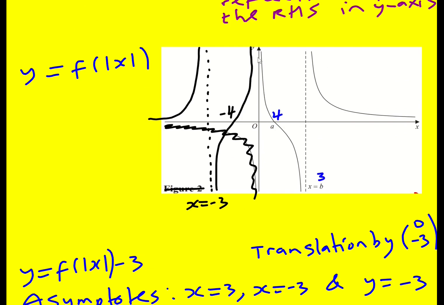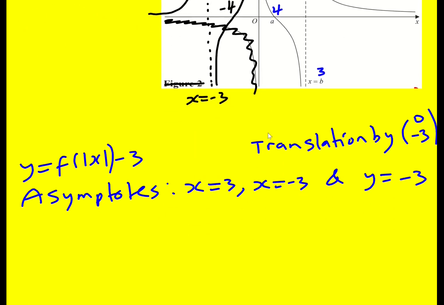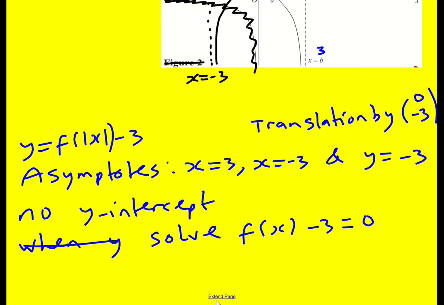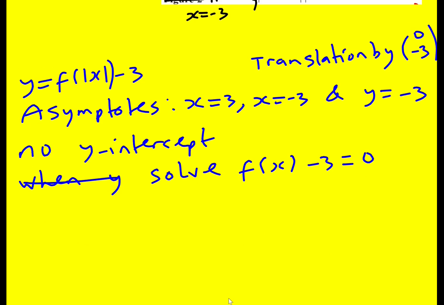And actually, we can see that we don't have an x equals 0, so no y-intercept. But when we solve f of x minus 3 equals 0, I'm just going to look at the right-hand side, and from that we can get the left-hand side.